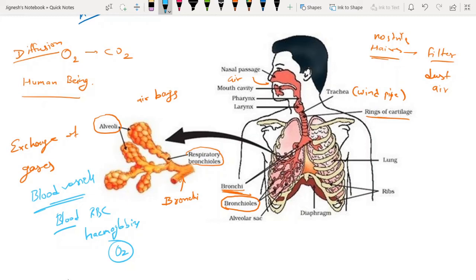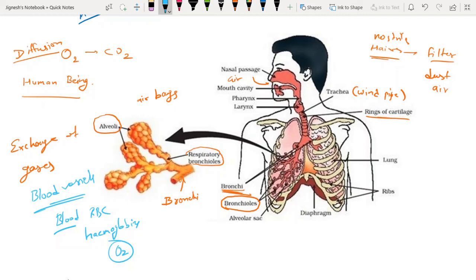Because of this, air is sucked into the lungs. When you take in air, it goes into the lungs, so the chest cavity goes higher up, like a balloon that gets inflated. And when it contracts, the diaphragm goes down. This helps in expanding the alveoli.